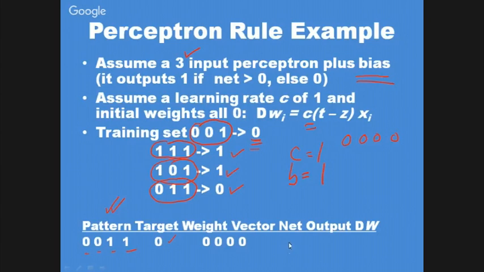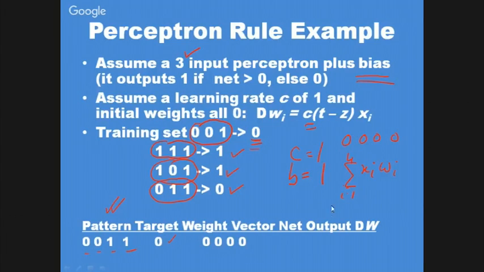Now, what will be the net? We have the equation, the sum of xi into wi, with i equal to 1 to 4. Why is it 1 to 4? Because there are x1, x2, x3 and another one, the bias, which is 1.